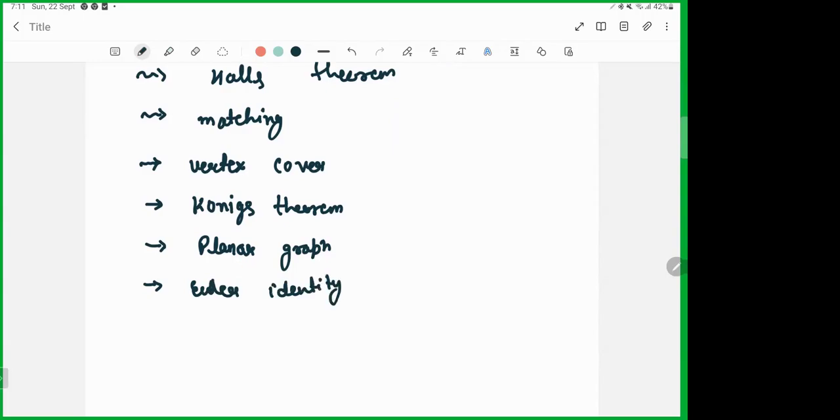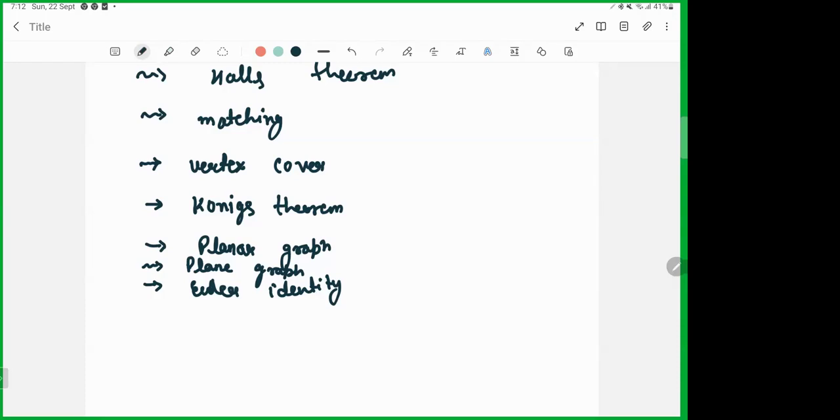It's a graph that can be embedded on a surface with distinct points for vertices and edges, such that edges do not intersect. Then we defined a plane graph, which is a planar graph together with an embedding in the plane.